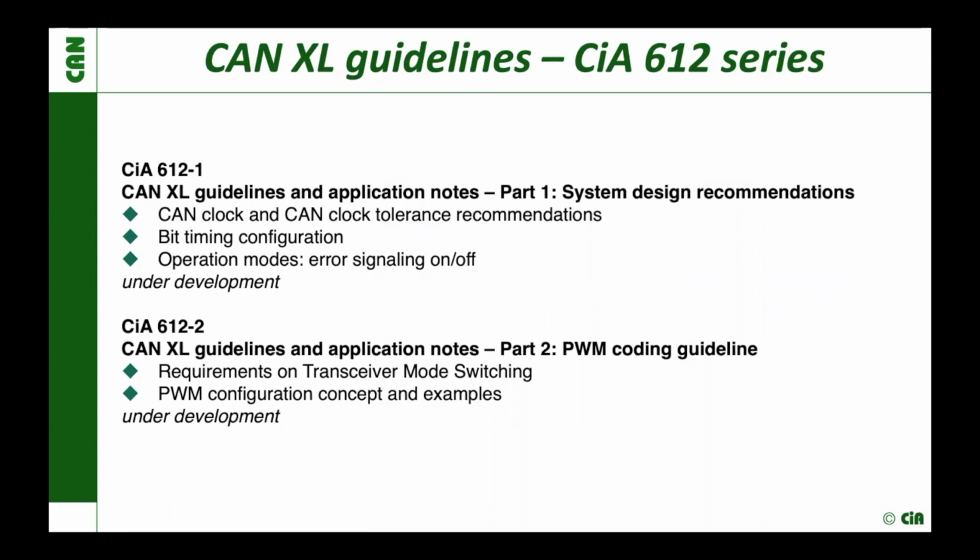Okay, then the next document series is the 612 document series. This series provides recommendations for system design, such as CAN clock recommendation and CAN clock tolerance, or bit timing setting rules, and also further physical layer design recommendations.